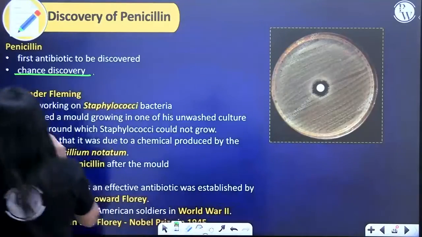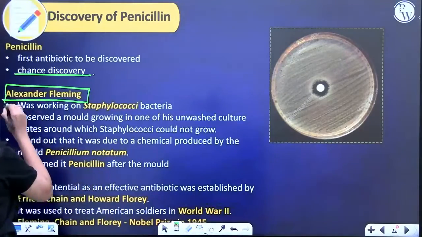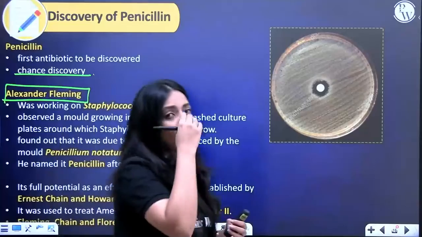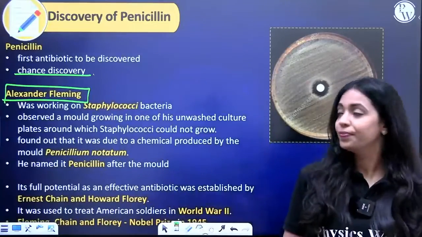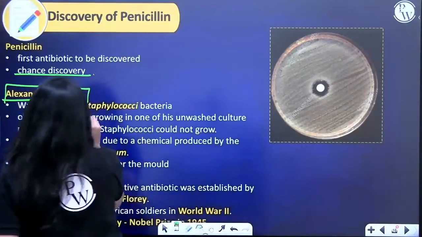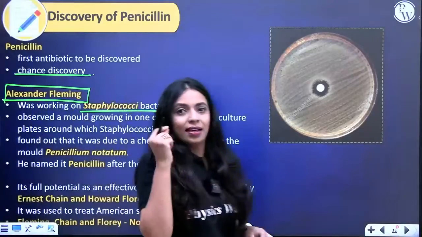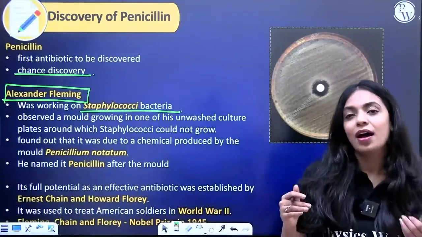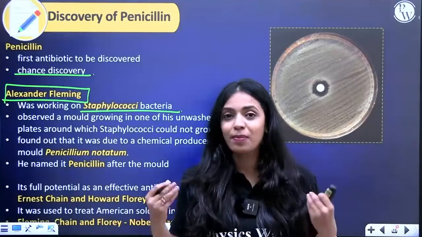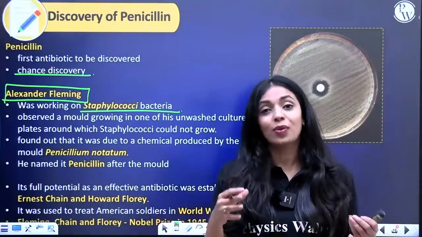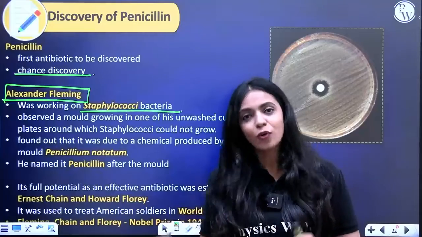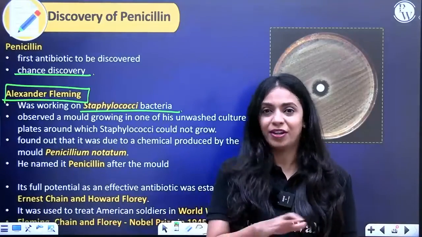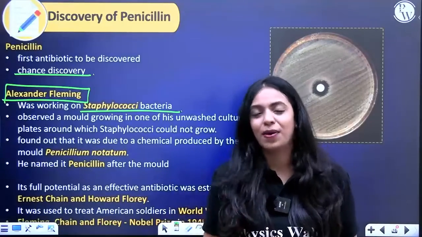So Alexander Fleming was working on certain bacteria called Staphylococcus bacteria in his lab. Like I already mentioned in the beginning of this lecture, microbes are present everywhere. So he was trying to grow Staphylococcus bacteria on petri dishes for his experiments.